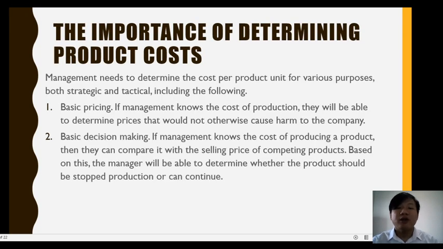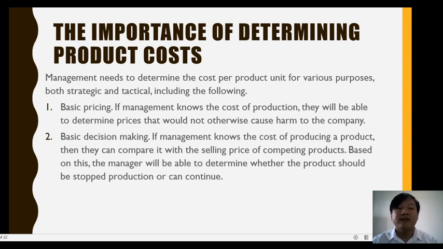The importance of determining product cost. Management needs to determine the cost per product unit for various purposes, both strategic and tactical, including the following. First, basic pricing. If management knows the cost of production, they will be able to determine a price that would not otherwise cause harm to the company.